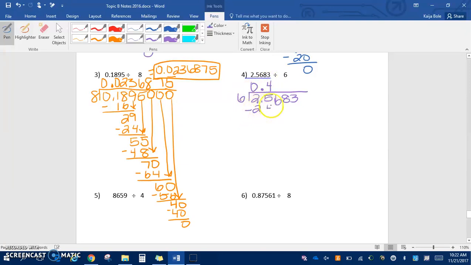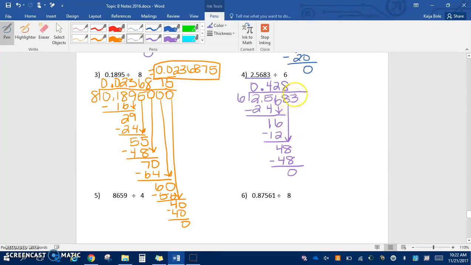If we subtract 24, we are left with 1. We bring down the 6. 2 whole groups of 6 go into 16, so we subtract 12. We are left with 4. Bring down this 8. 8 whole groups of 6 go into 48. We subtract 48. We are left with 0.